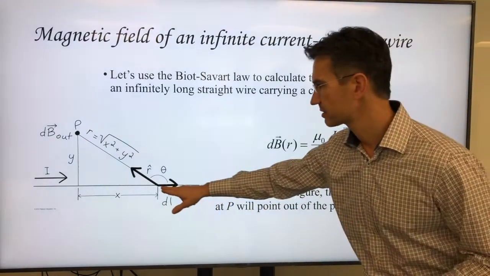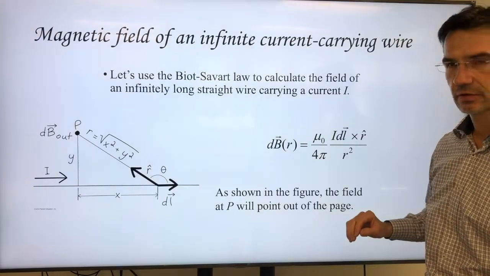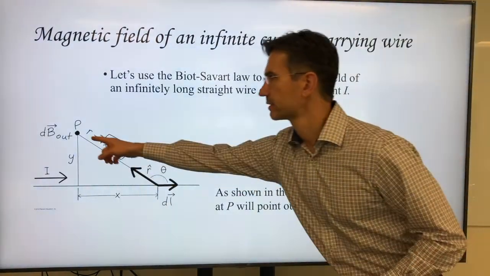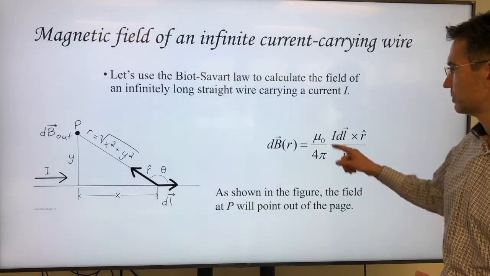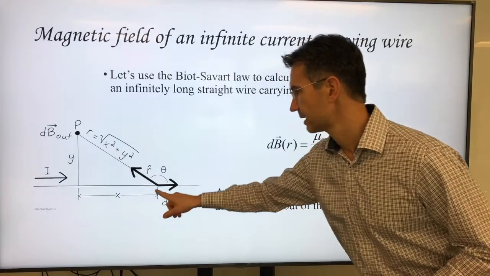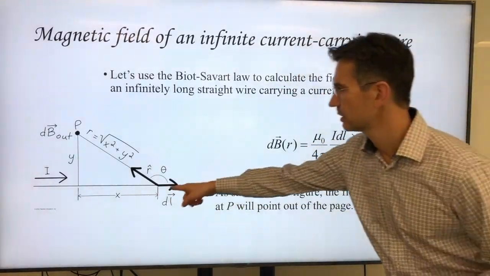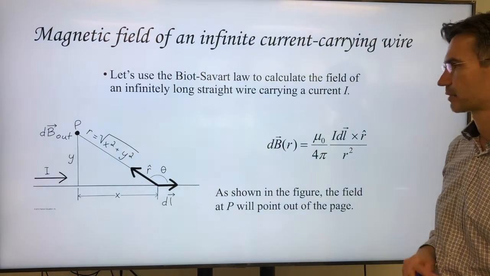And then we have this current element here in an arbitrary position, and we can use the Biot-Savart law to figure out what the vector dB out is. So dB is going to be mu naught over 4 pi, I dl crossed into the unit vector toward the point P, divided by r squared.